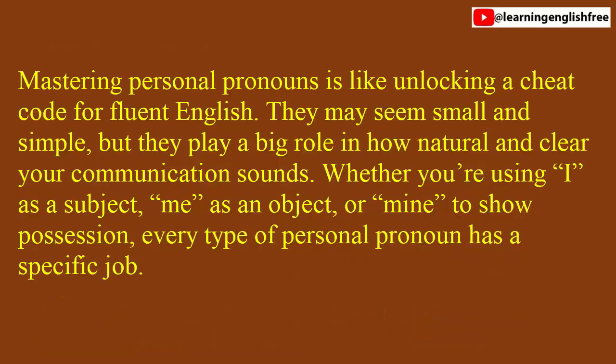Mastering personal pronouns is like unlocking a cheat code for fluent English. They may seem small and simple, but they play a big role in how natural and clear your communication sounds. Whether you are using I as a subject, me as an object, or mine to show possession, every type of personal pronoun has a specific job.